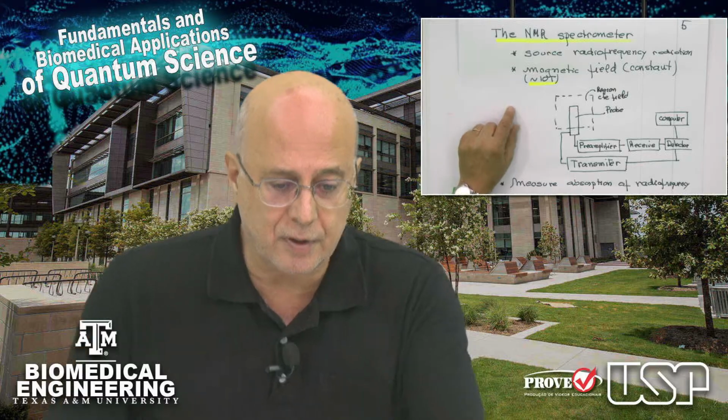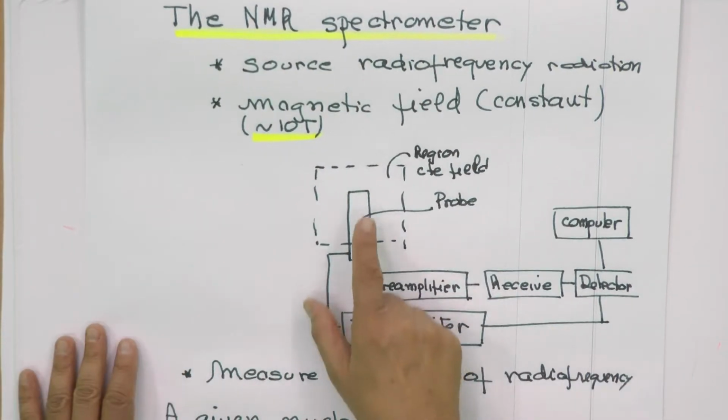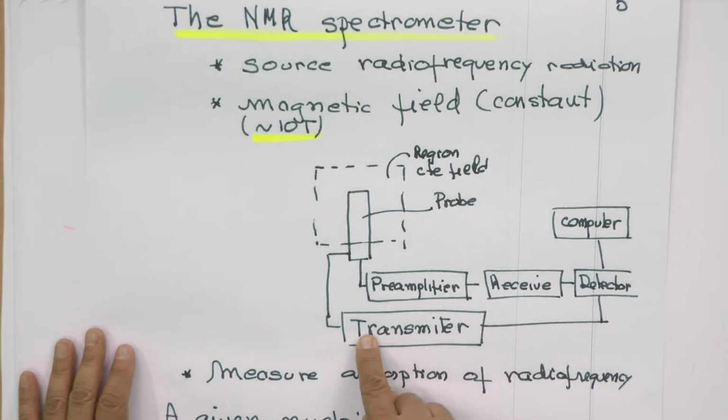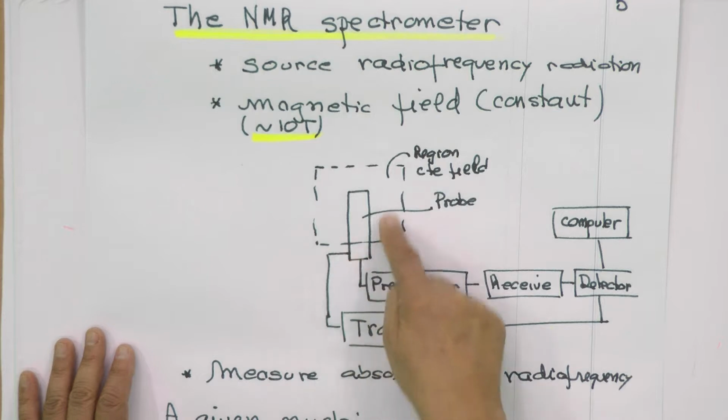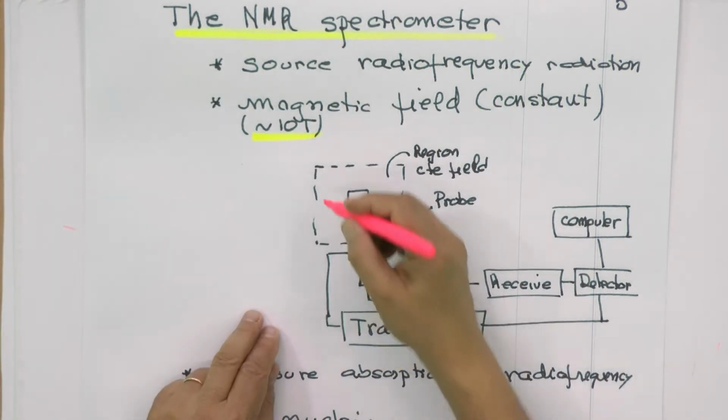Applying the magnetic field, we can make a source, a transmitter of radio frequency, and inject it into a cavity where there is a region in which the magnetic field is present.